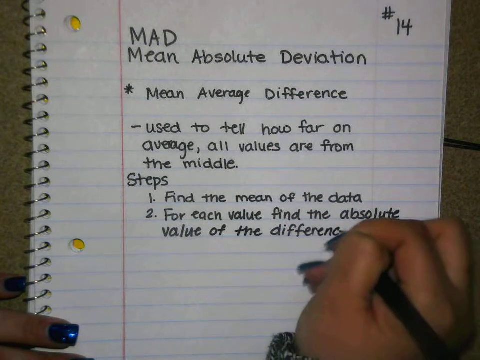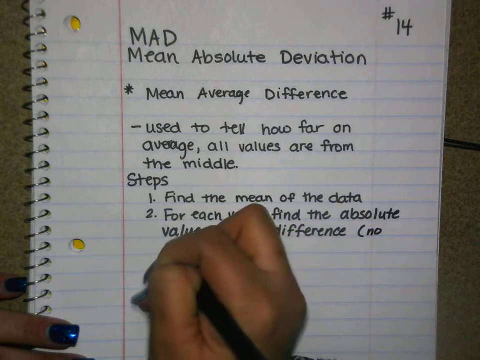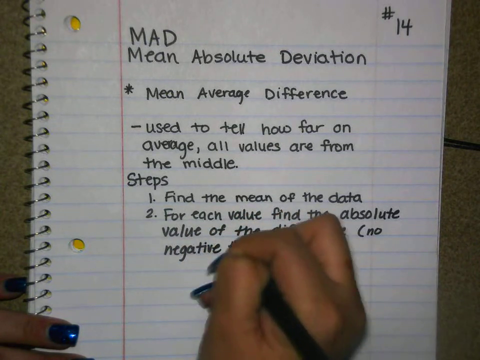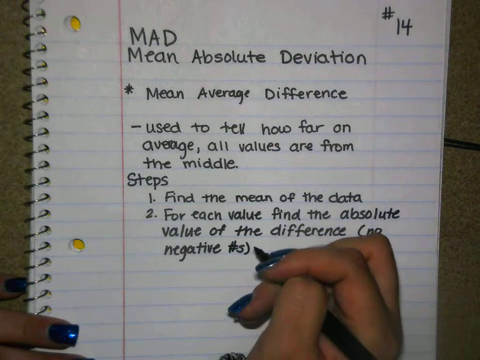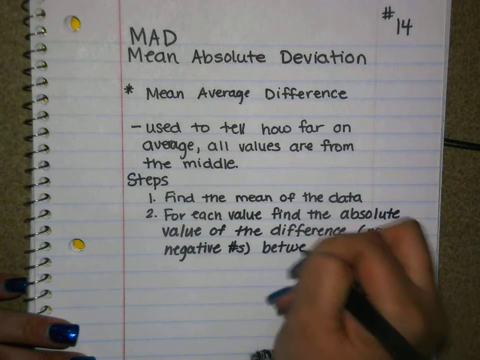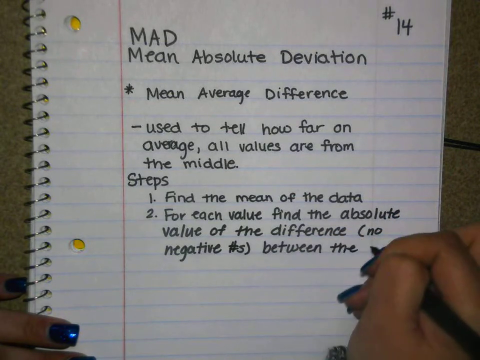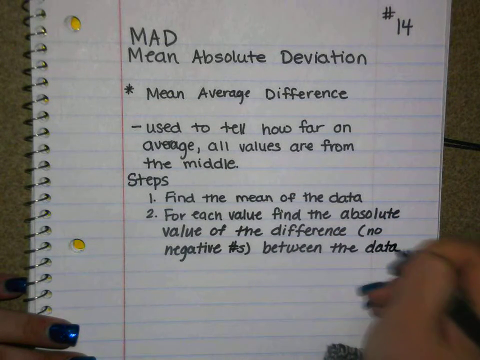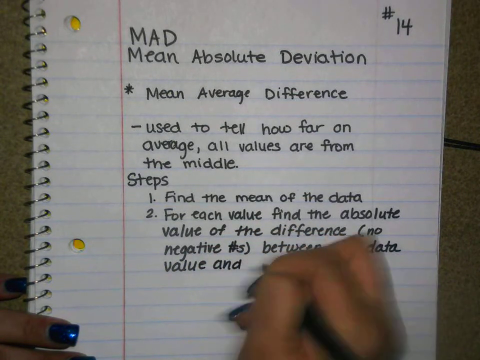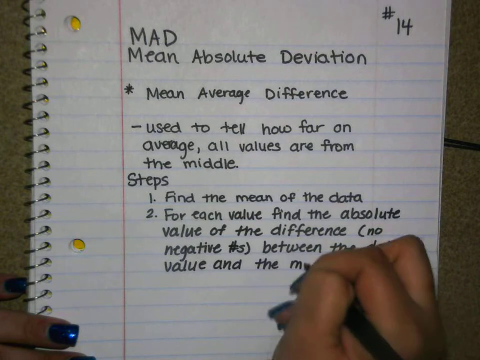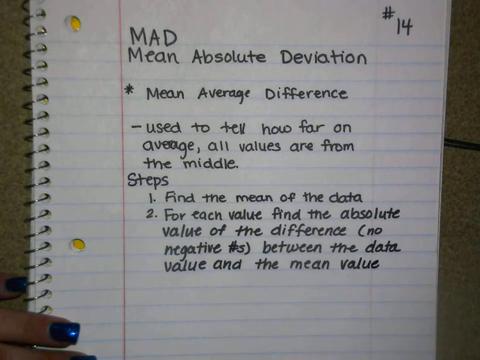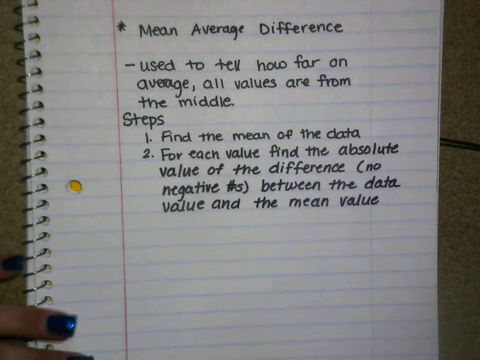The absolute value of the difference between the data value and the mean value. And I'll give you an example of this in a little bit so you'll get a better idea of what I mean here.